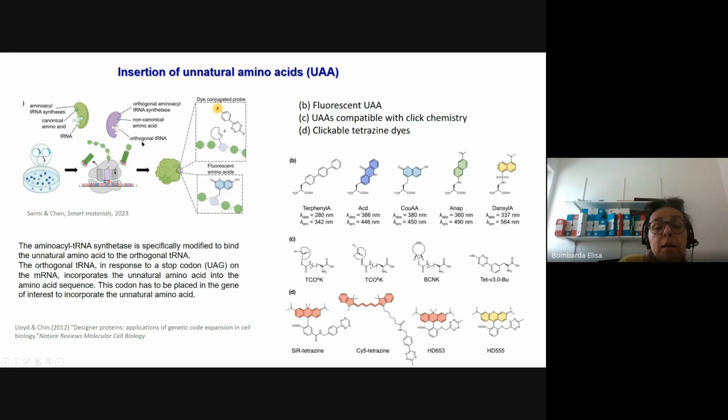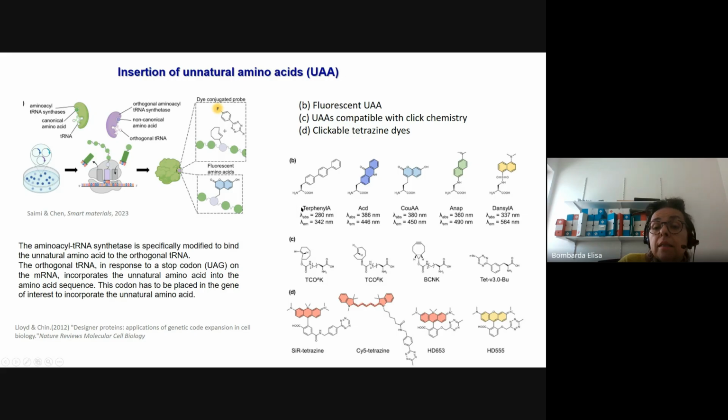And the unnatural amino acid can be designed to carry the fluorophore, or it can contain a group that is compatible with click chemistry, and then in a second moment the fluorophore is added by click chemistry.